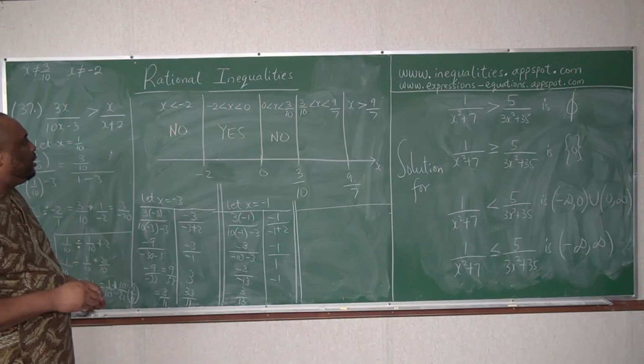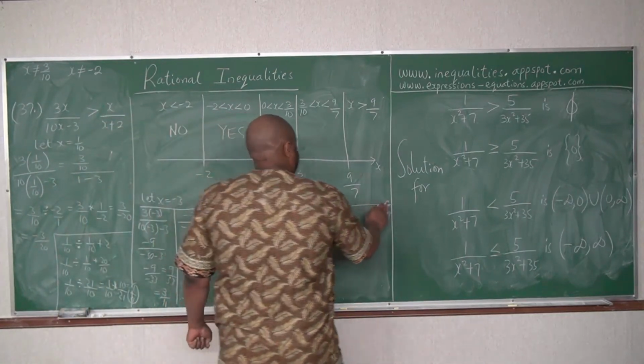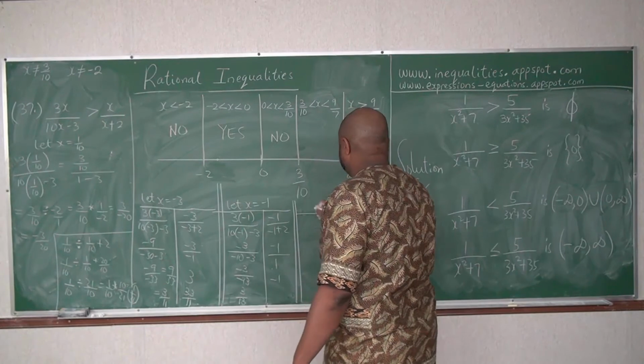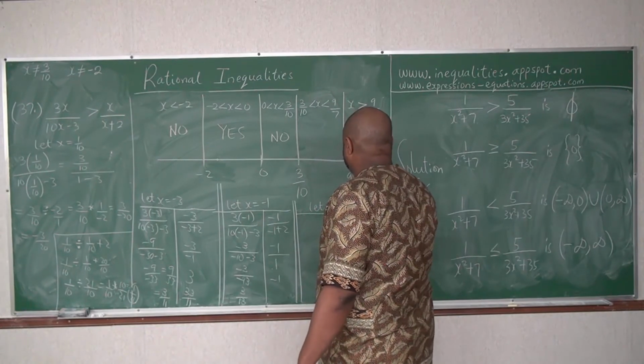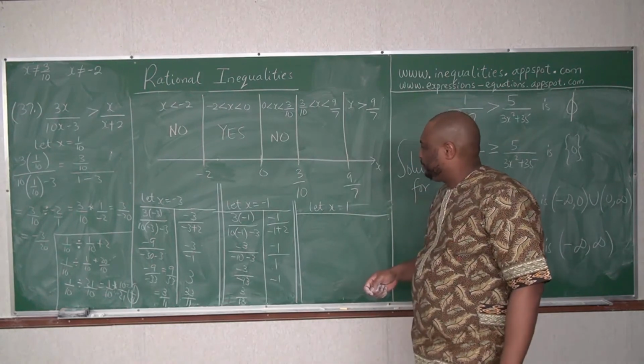Then for this one, let x be the easiest one, which is 1. Because you know why it's going to be 1?